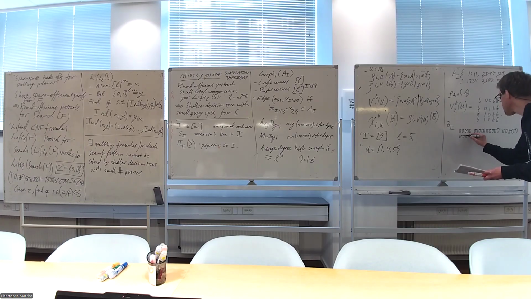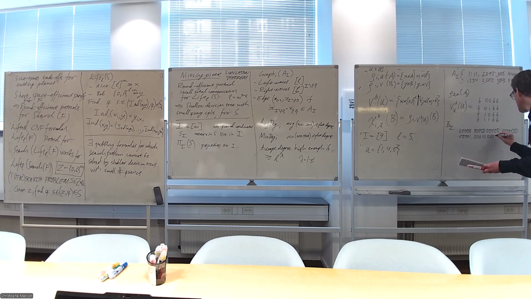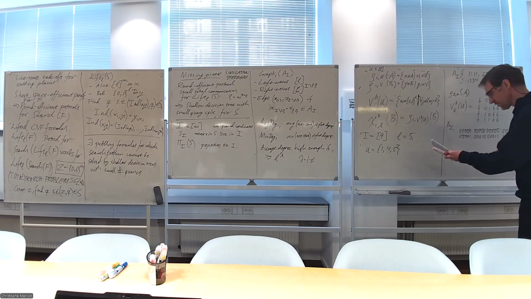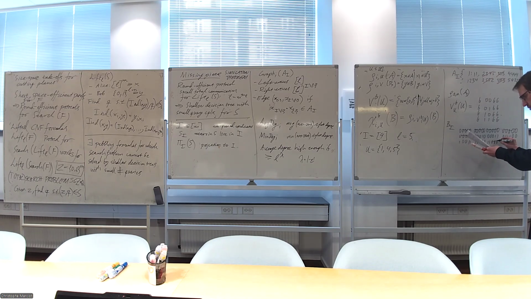Suppose the next one is 0, 0, 0, 0, 1, 0, 0, 0, 1, 0, 0, 0, 0, 1, 1, 0, 0, 1, 0, 0. Okay, I'm not following my own notes even. This will be dangerous. 1, 0, 0, 1, 1. 1, 0, 1, 1, 1. 1, 1, 0, 0, 0. 1, 0, 0, 0, 0.